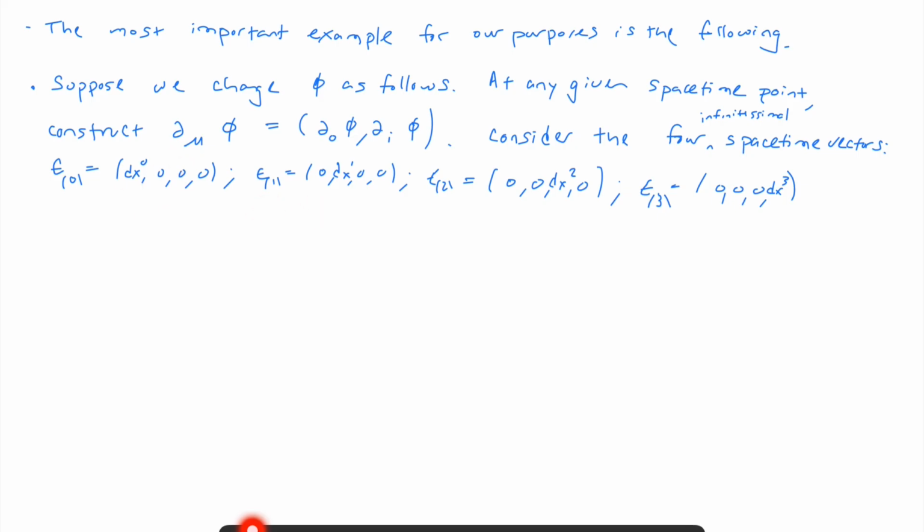And similarly with the i, j, and k components, that ε(1) is just a little change in the x-axis, ε(2) is a little change in the y-axis, and ε(3) is a little change in the z-axis. These are just four defined vectors, these four epsilons, 0, 1, 2, and 3. Let us individually look at four different cases of phi transformations.